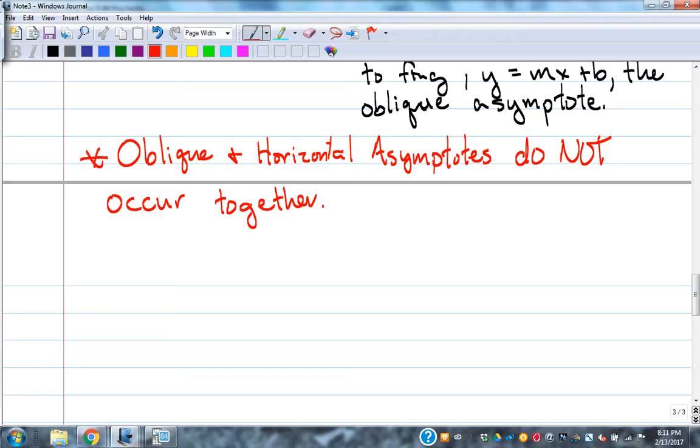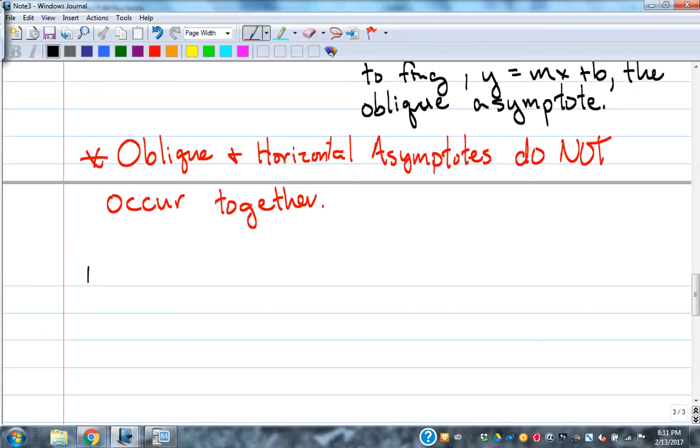That's important to know. If you have a horizontal asymptote, you don't even have to think about finding an oblique. If you have an oblique, there's no way you have a horizontal. Okay? Can't happen together.